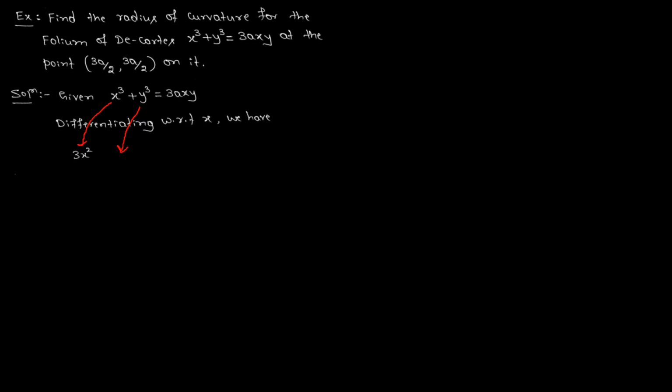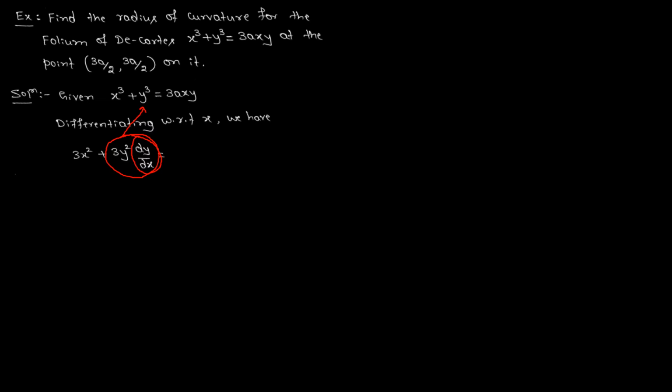Differentiation of y cube will be 3y square first, then since y is again a function of x, we need to differentiate this y again, so into y1 will come, or dy by dx. So here we have used the chain rule to differentiate y cube.